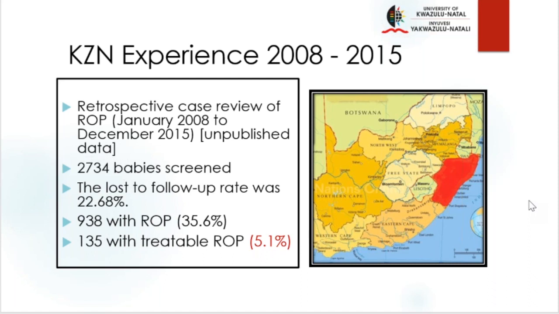So the larger premature babies were actually decanted to lower level care. And that was causing the rise in ROP, because in these lower level hospitals, the nursing staff did not know anything about ROP, and there was no screening taking place.